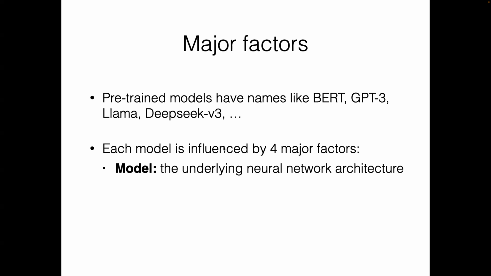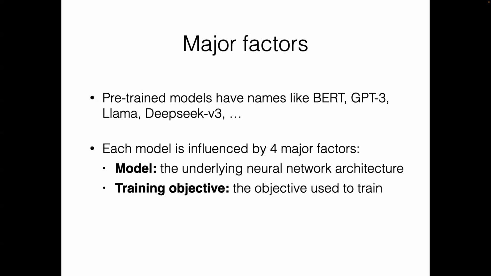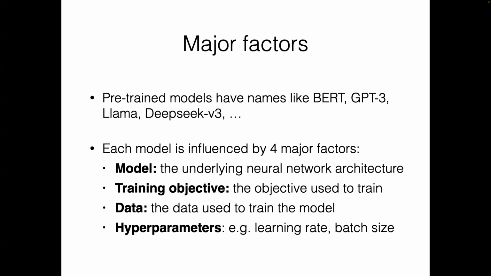The first is the underlying neural network architecture that you're using. The second is what pre-training objective or training objective is used for the model. The third is the data that you use to pre-train. And finally, this might seem trivial, but it turns out that the actual hyperparameters that you use to do the training, like how long you train it for, even things like the exact learning rate you use, can impact how good the model is.